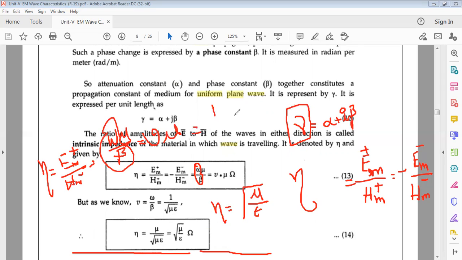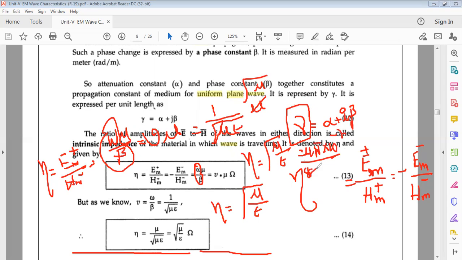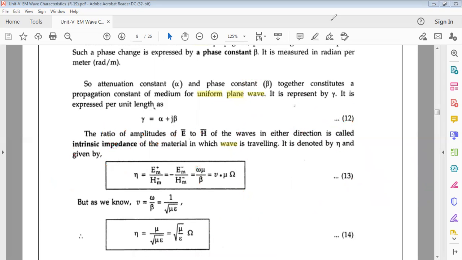What is V in terms of mu and epsilon? 1 by root of mu epsilon, into mu, and here the mu cancels with root mu. So eta is equal to under root of mu by epsilon. Again, you can substitute mu as 4 pi into 10 to the power of minus 7, and epsilon as 8.854 into 10 to the power of minus 12. This is equal to 120 pi, approximately 377 ohms.